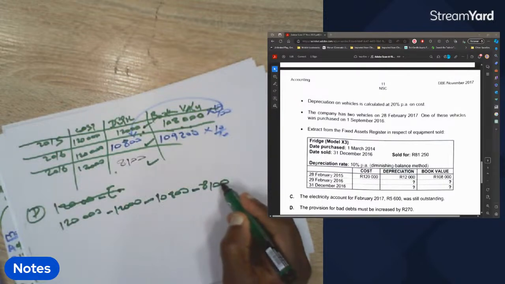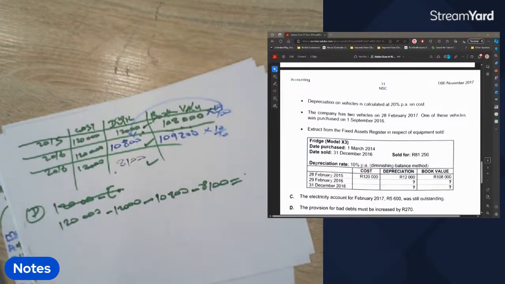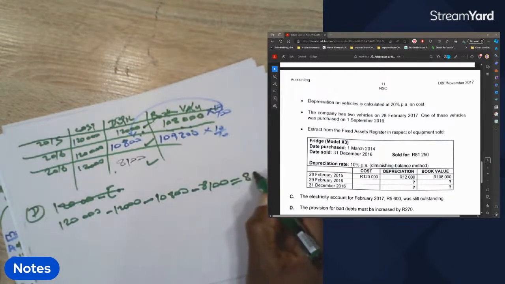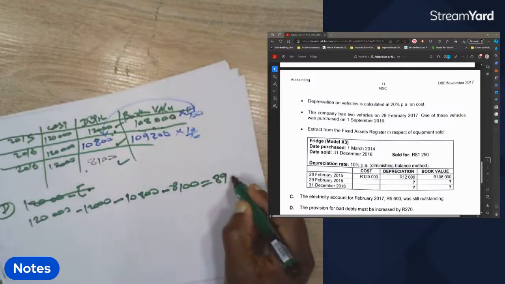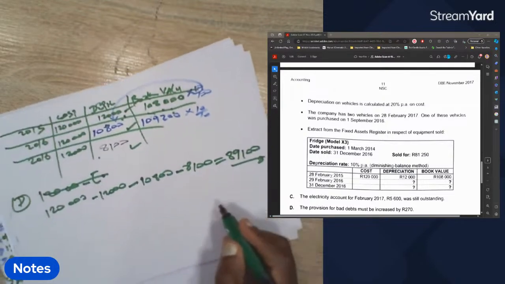Let's try: 120,000 minus 12,000 minus 10,800 minus 8,100. So what do we get? We get 89,100. So that's the answer for D.